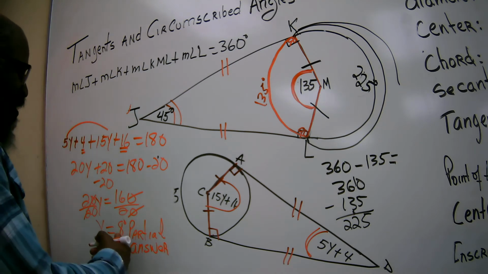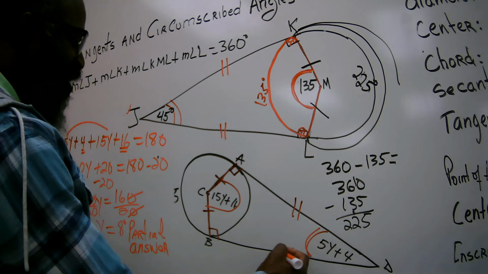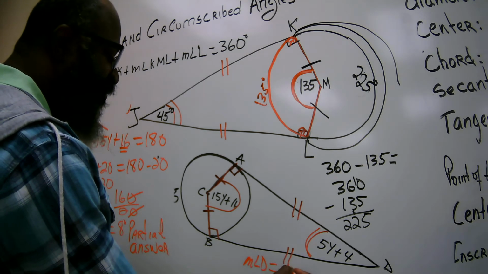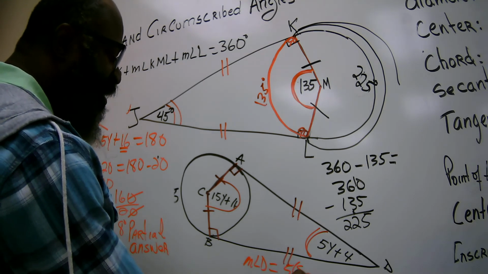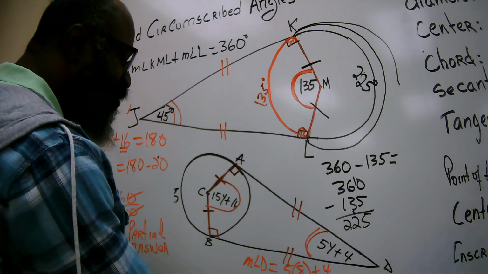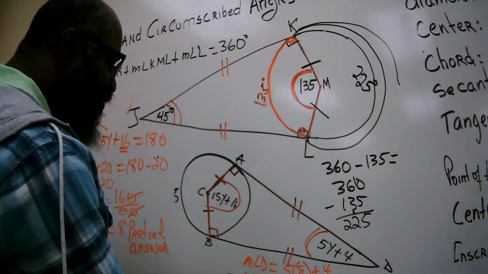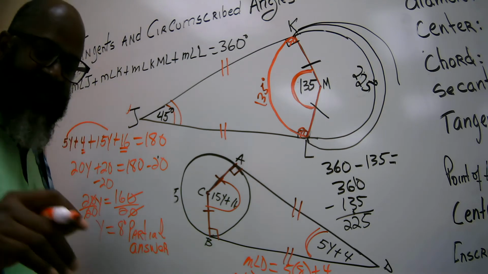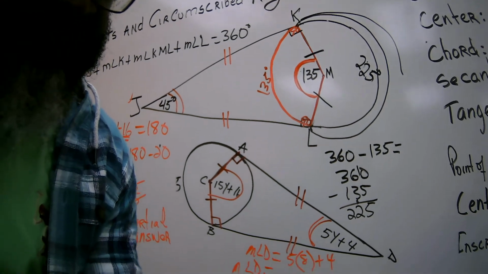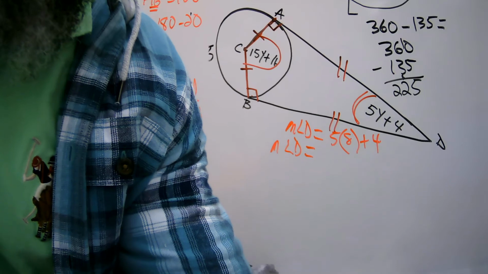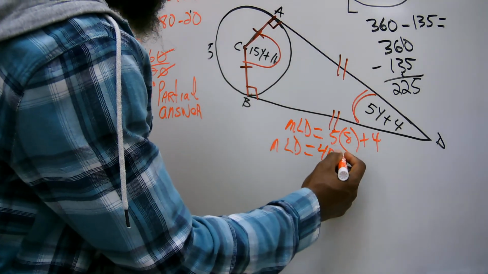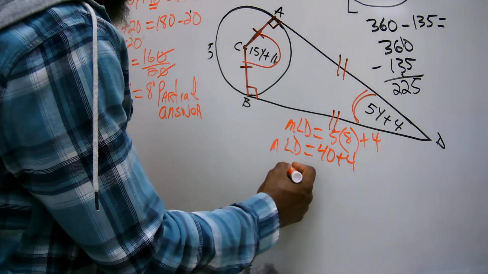Now, since I know y is 8 degrees, I can find the measure of angle D. For the measure of angle D, which is 5 times 8 plus 4, 5 times 8 is 40, and you will have 40 plus 4 is 44.